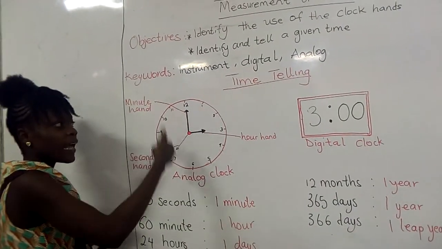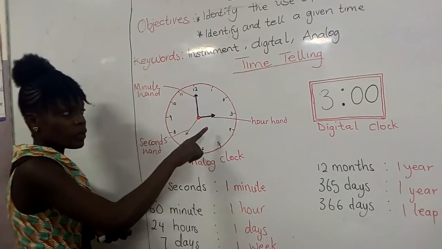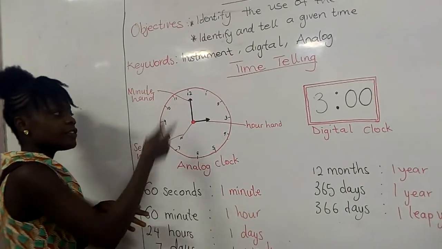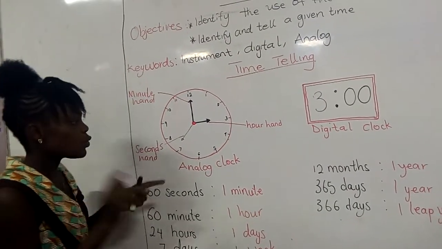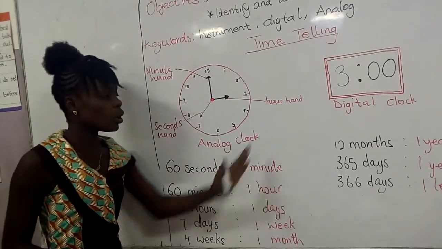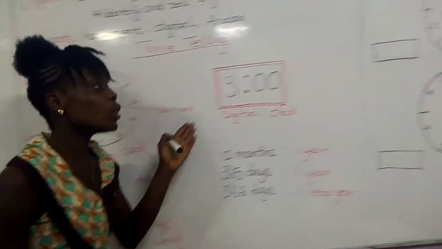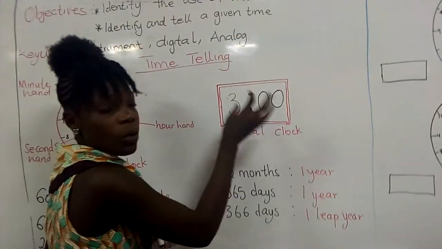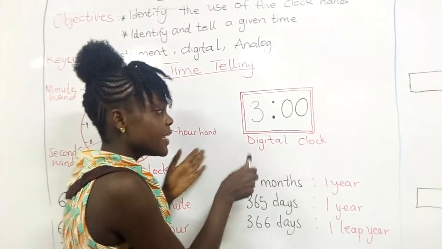You can see some lines with arrows. So when you see a clock with hands with arrows, you know it is an analog clock. When you see a clock with only the figures on it, then it is a digital clock.